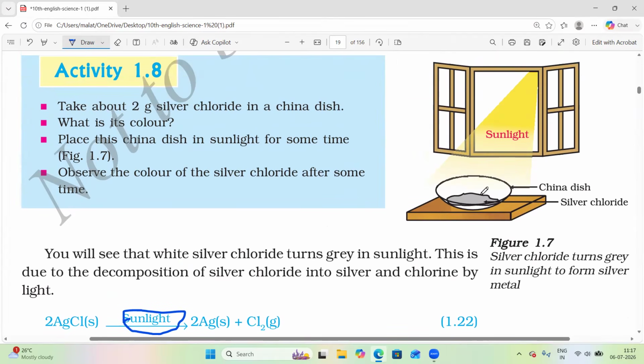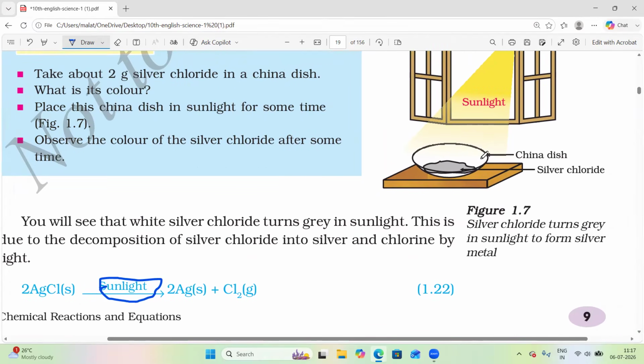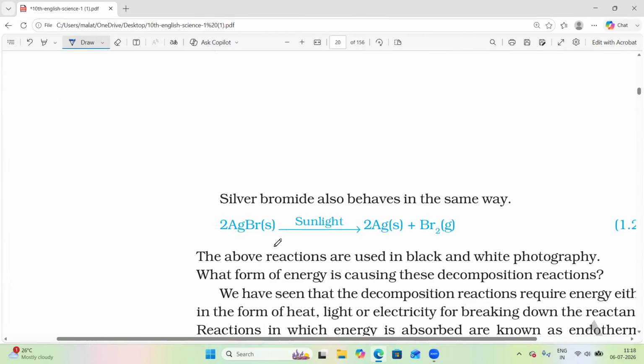If you see here, silver chloride in a china dish, you keep it in the sunlight. We are putting this china dish into the sunlight. What will happen? The chlorine gas present in this silver chloride will get evolved. Then we will get Ag as it is.